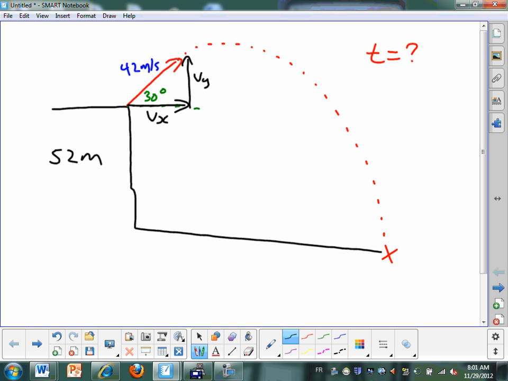So let's say I'm looking to solve for my velocity in the y direction. From the angle, that's the opposite side, and that's the hypotenuse. So I'm going to be using the sine. Sine of my angle equals the opposite side over the hypotenuse. And in order to solve for the initial velocity in the y direction, I would times both sides by 42.